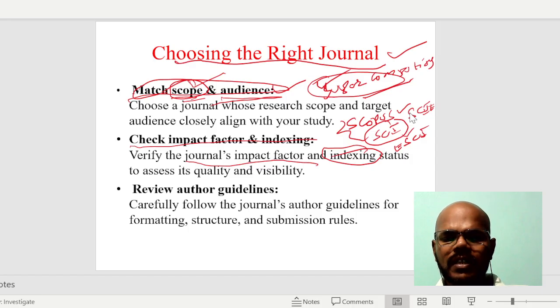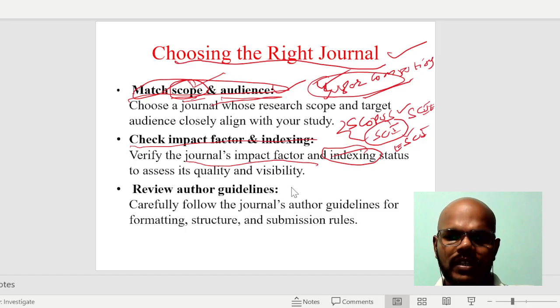For example, if your paper is of good quality, well written in a well structured, organized manner, but you submit it to a Scopus journal, the impact of your research contribution will be less. That's why I suggest you check the journal indexing before submission. It will be available on the journal website. You may go to that. I will show it in a coming lecture series also.